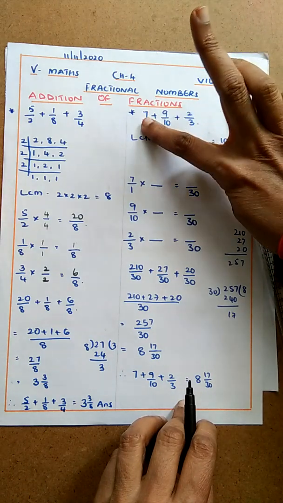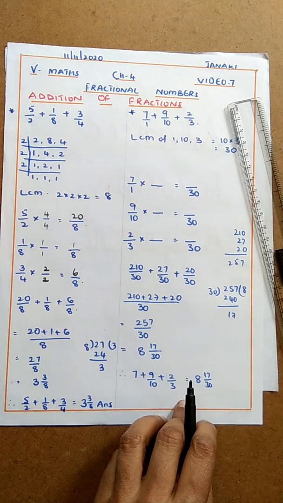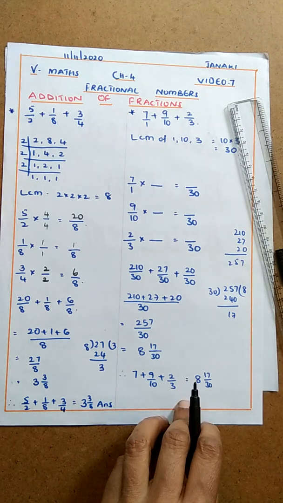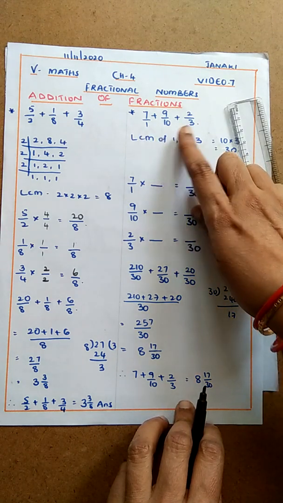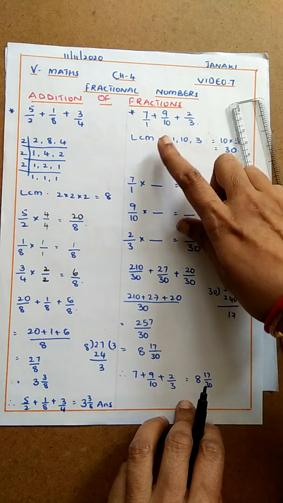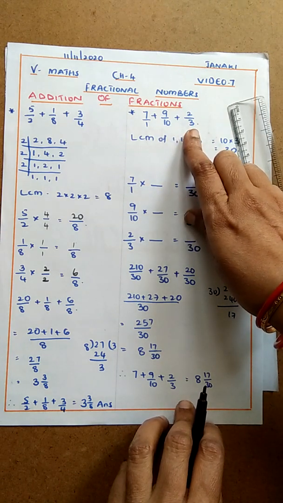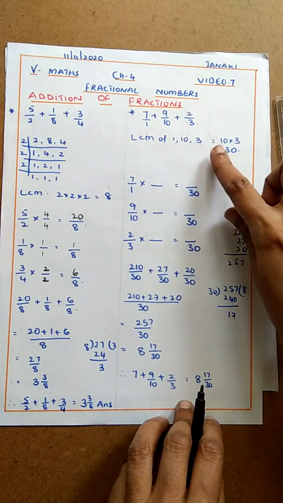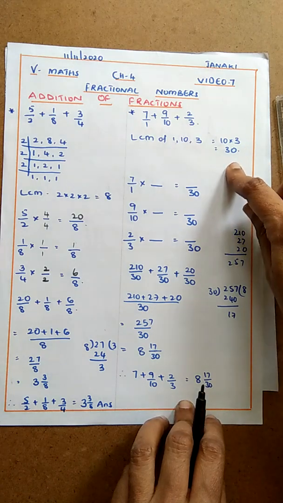7 plus 9 by 10 plus 2 by 3. 7 is a whole number. So you can write 7 as 7 by 1. Now let us take the LCM of 1, 10 and 3, the denominators. But remember, 3 and 10 have no common factors. So their LCM is found by just multiplying both the denominators. 10 3s are 30.